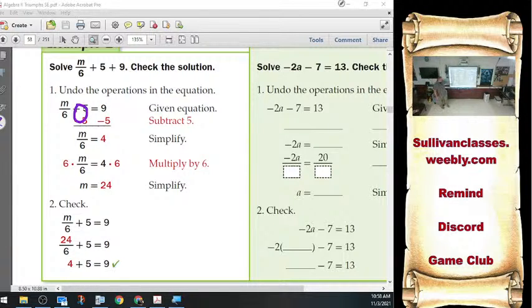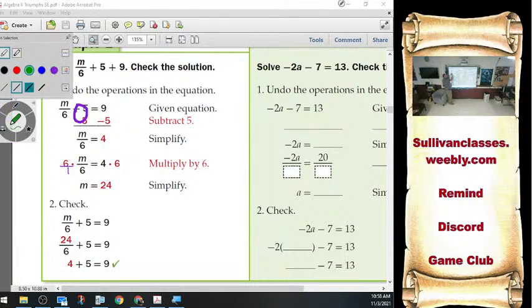All right. So if I say m divided by 6, I have to do the thing that undoes that. What is the opposite of divide? Multiply. You notice that this just went away? They didn't show you how it went away. This is over 1. Do you remember cross-canceling?